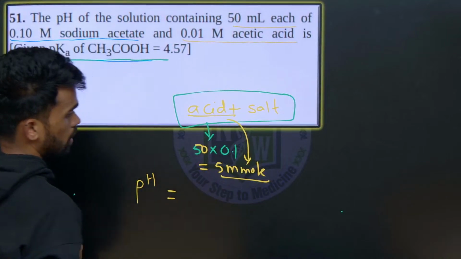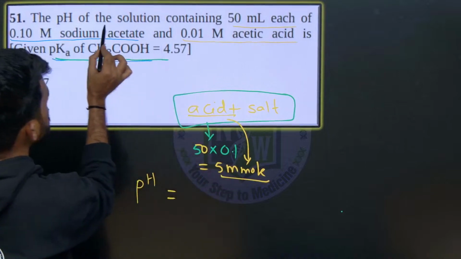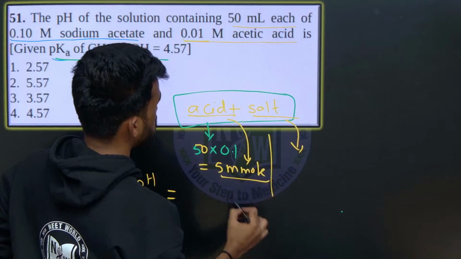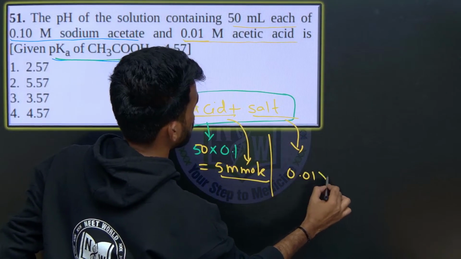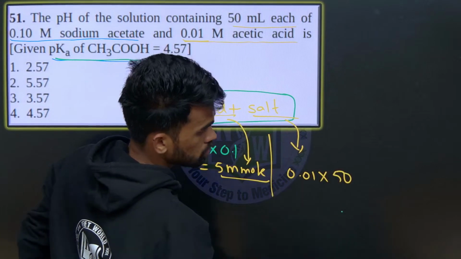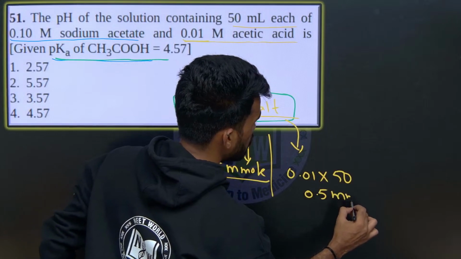What about its salt? 50 ml of each, so for the salt the quantity is 0.1 into 50 ml, which means 5 millimoles of salt is there.